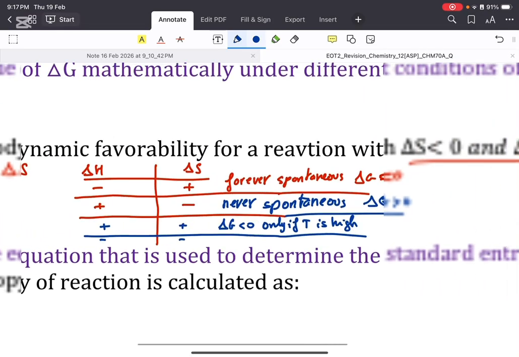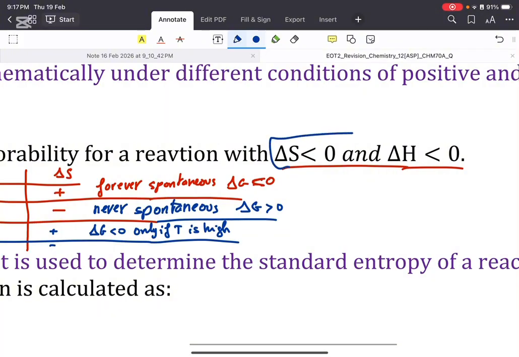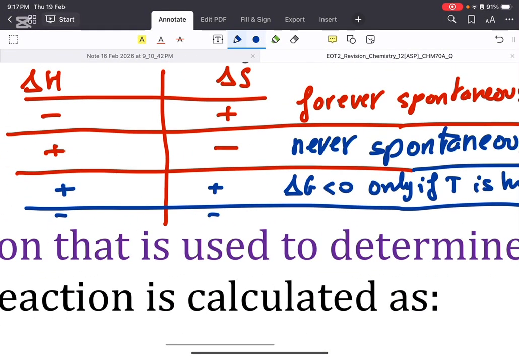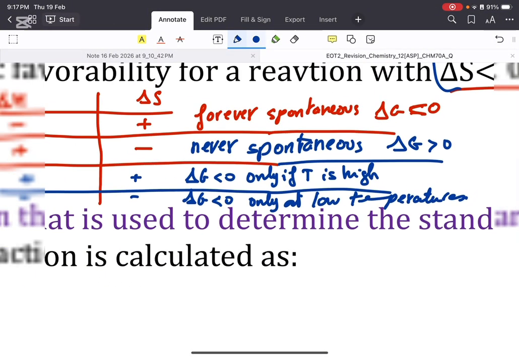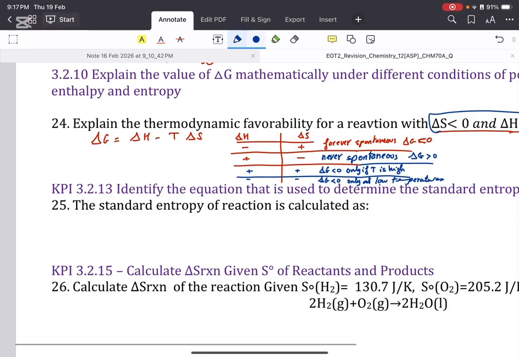And when both of them are negative, like the question here is asking, this reaction can be spontaneous, thermodynamically favored, only at low temperatures. So you need to memorize this table very well.